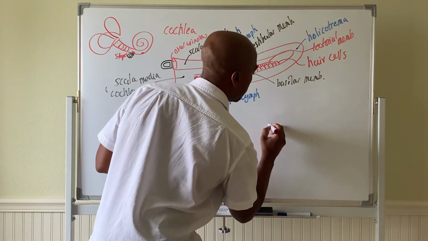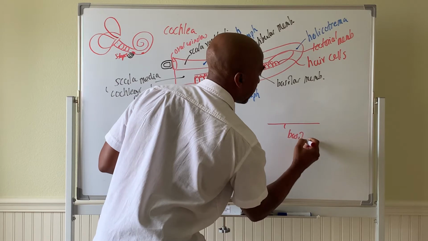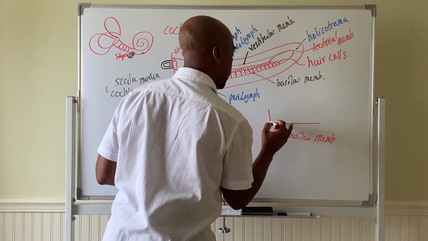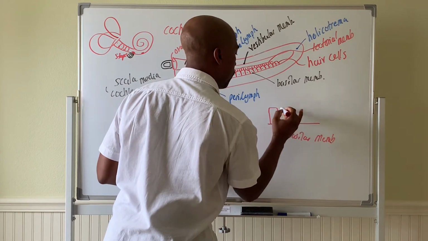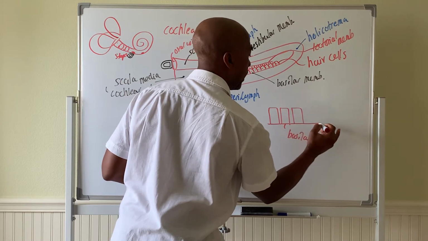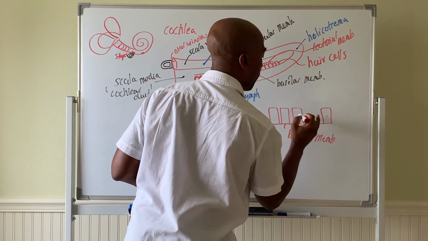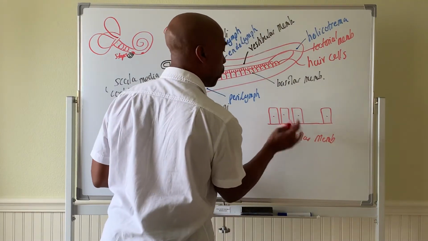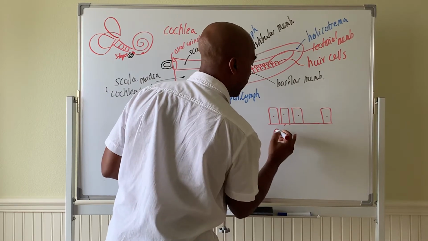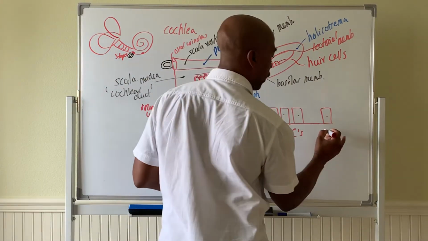So together, let's draw it right here. This is your basilar membrane, and the hair cells on it. In fact, the hair cells form two groups. There's an outer group of 3 and an inner group of 1. The outer group we call the outer hair cells, OHCs, and the inner group of 1 is called the inner hair cell.